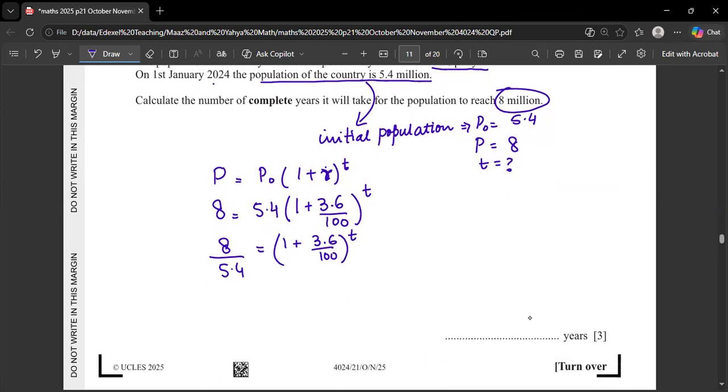So when you divide this, we will get a number 1.48148, right? And what are we going to get? 1 plus, we will shift this. If you divide 3.6 by 100, we will be getting this.